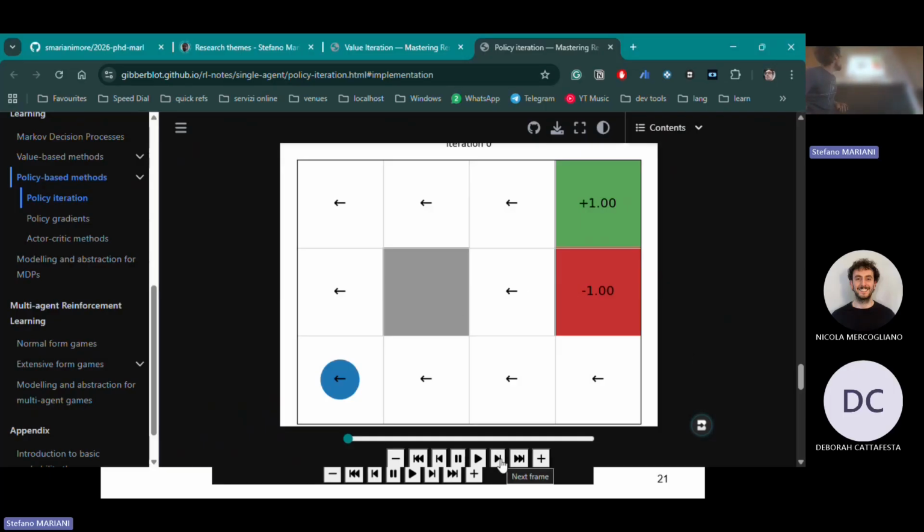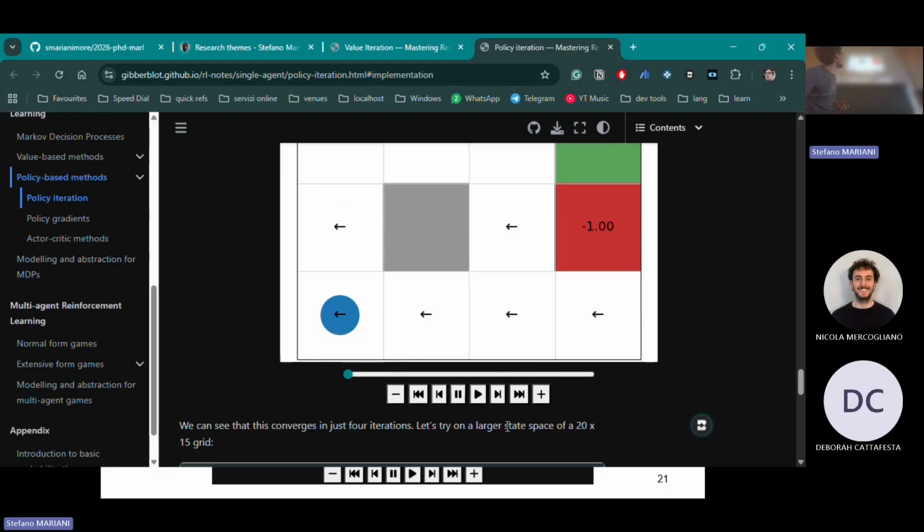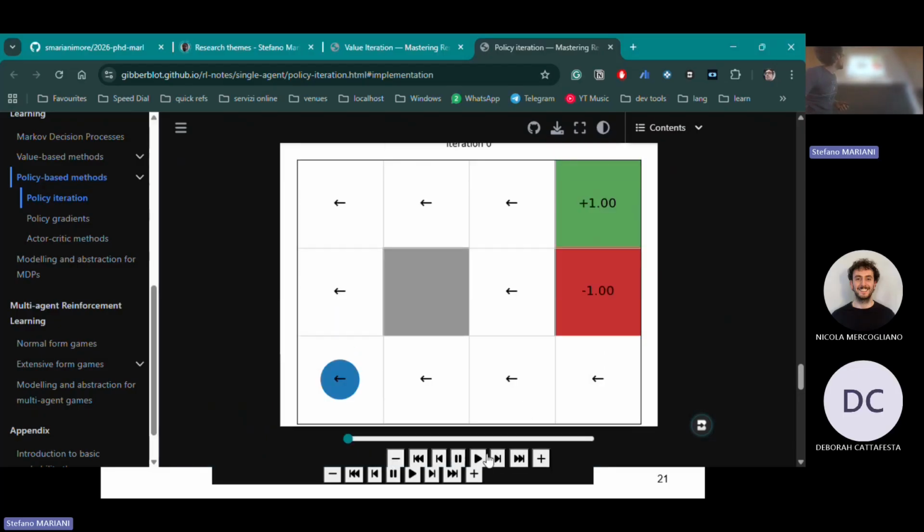Now, if we do the same as before and click step by step, we can see that the arrows begin to move. For some reason, always go up. Apparently, we evaluate the state value function for every state until it converges, so until every tile has a fixed number, like in the previous example.